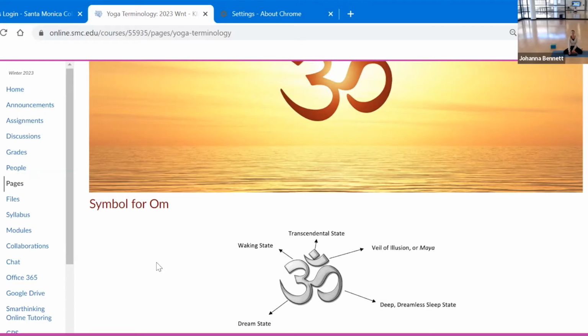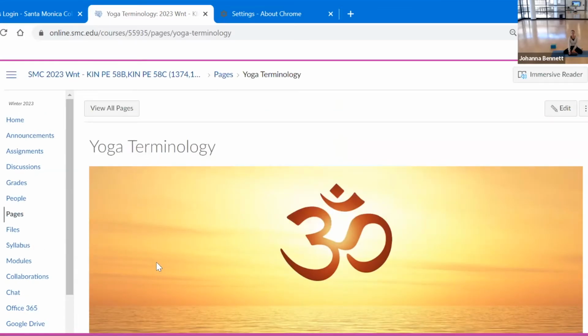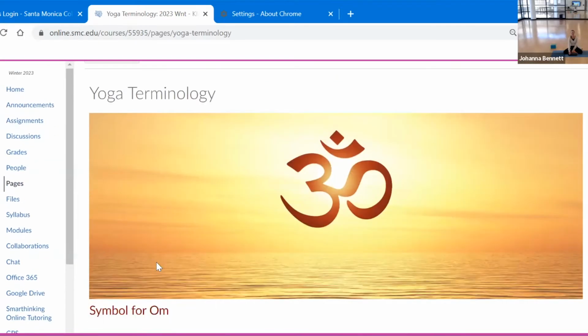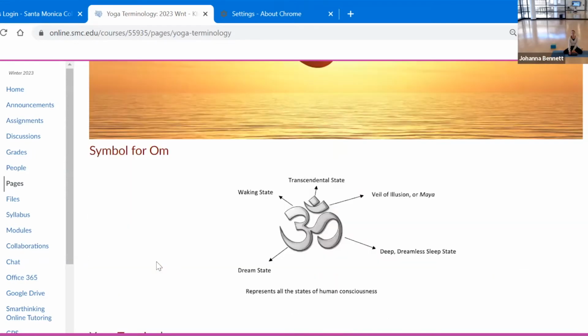We have this beautiful symbol of Om over an unfettered landscape of the ocean, or of a body of water. Om takes us from the finite to the infinite, in our body and our mind.